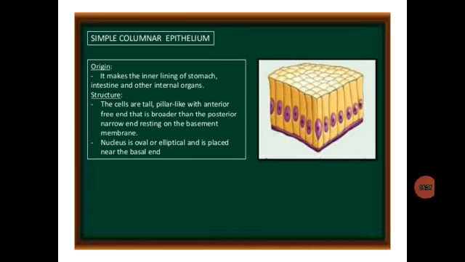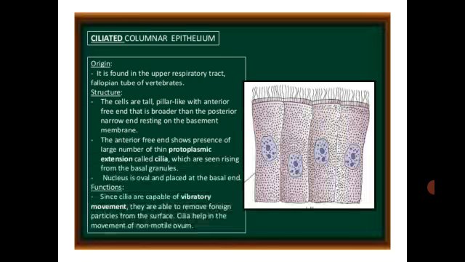Simple columnar epithelium makes the inner lining of stomach, intestine and other internal organs. The cells are tall, pillar-like with anterior free end that is broader than the posterior narrow end. Nucleus is oval and is placed near the basal end.